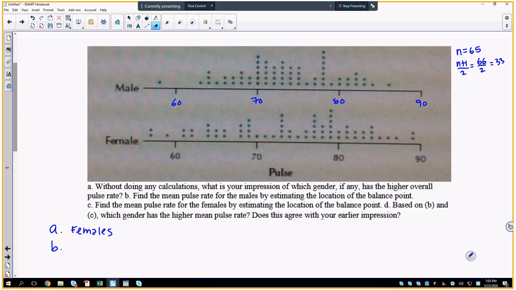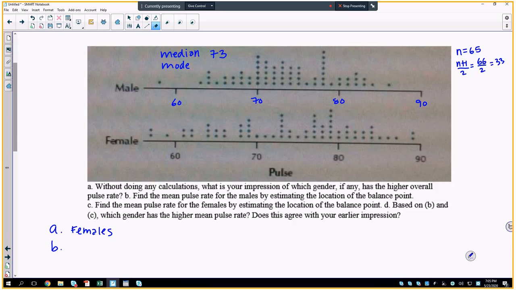So let's count. 1, 2, 3, 4, 5, 6, 7, 8, 9, 10, 11, 12, 13, 14, 15, 17, 18, 19, 20, 21, 22, 23, 26, 27, 28, 29, 30, 31, 32, 33. Okay? So 33, and it looks like our median is 73. And we already said our mode was 78.